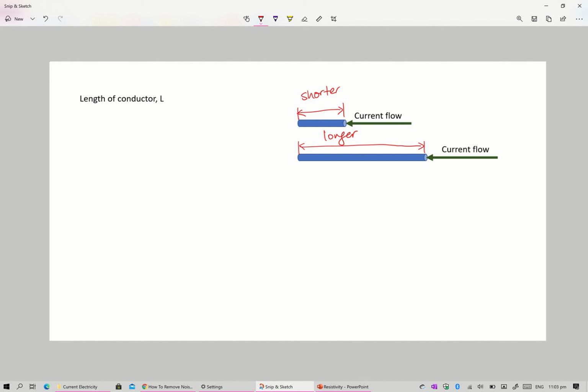It's easier for you to run a shorter distance, and therefore it's easier for the electric current to flow through a shorter length of conductor. Therefore, when the length decreases, resistance also decreases, and when the length increases, the resistance also increases.